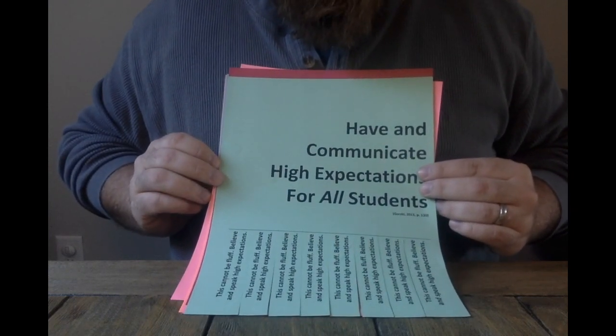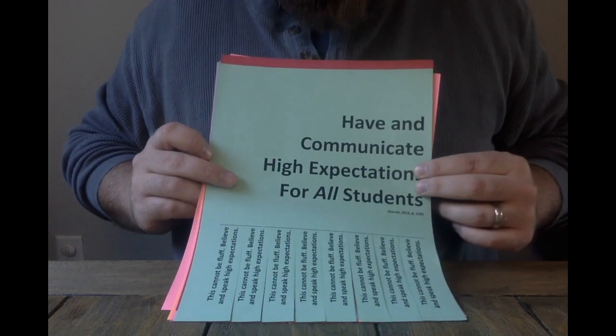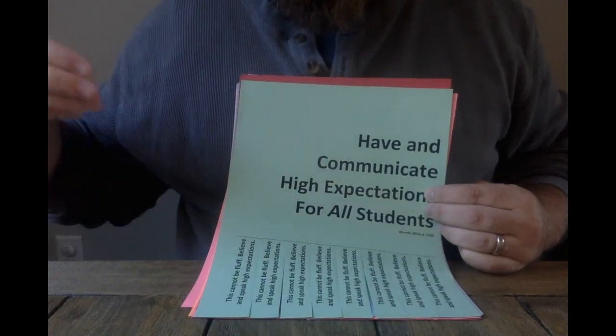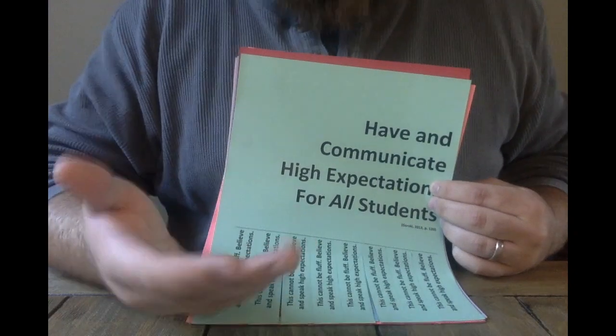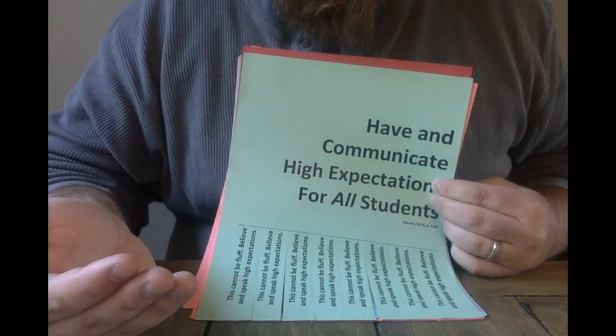So Gorski lets us know as educators and as stakeholders in all schools that low expectations are woven into our subconscious through implicit bias. And we can't just state that we have high expectations in one setting and then reveal in another that our expectations are low.